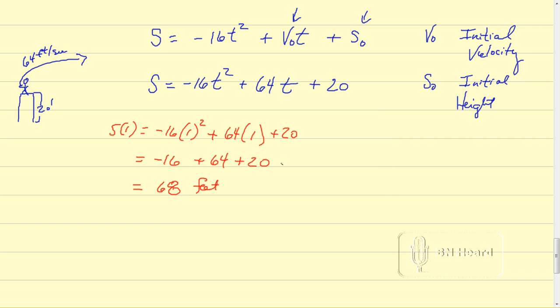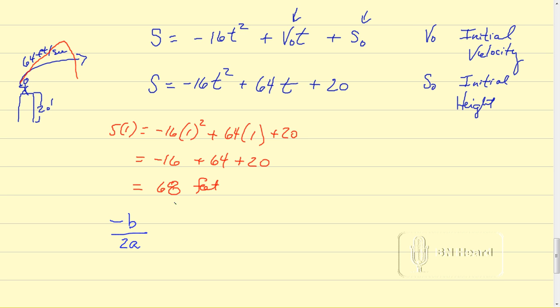Now, let's say I was asked how long it takes for this ball to reach its maximum height. Let's say I was throwing it straight up there. To reach its maximum height, we simply are using the formula negative b over 2a.